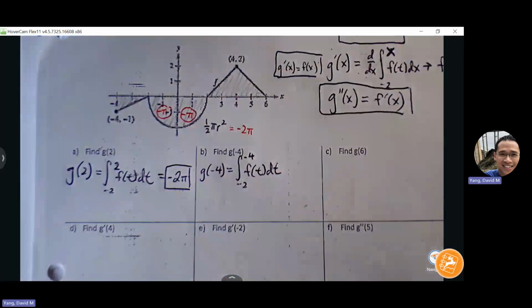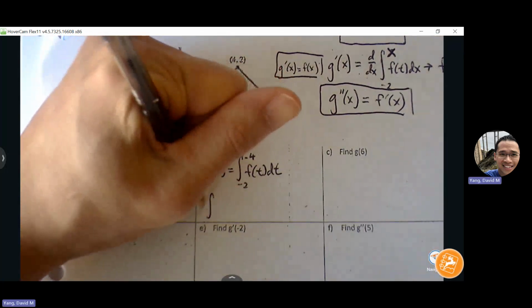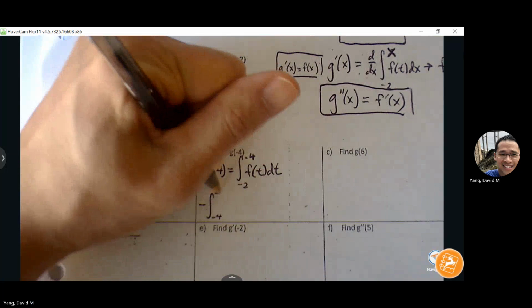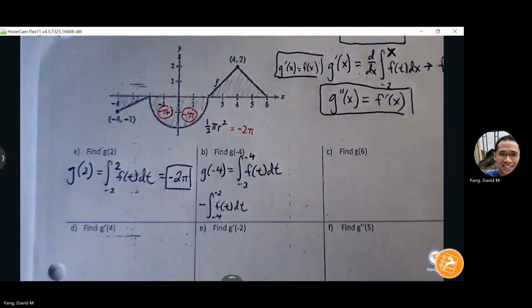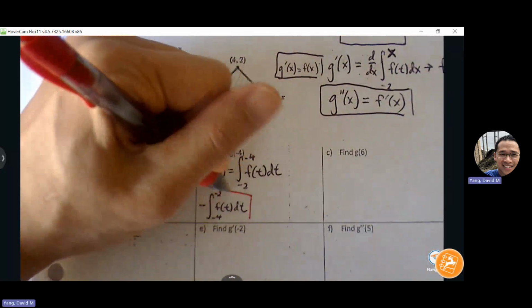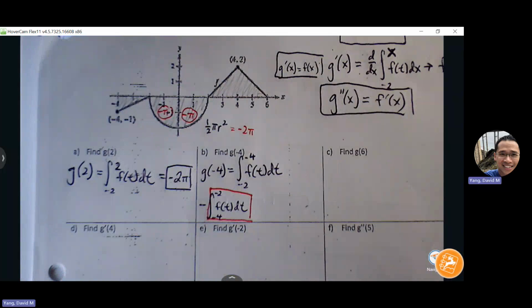Any adjustment that needs to be made here? Yeah, the bounds are out of order. So if I flip the bounds, what adjustment do I need to make? Change the sign. So if I can find this region, I can make that substitution and replace, make sure I include a -1.